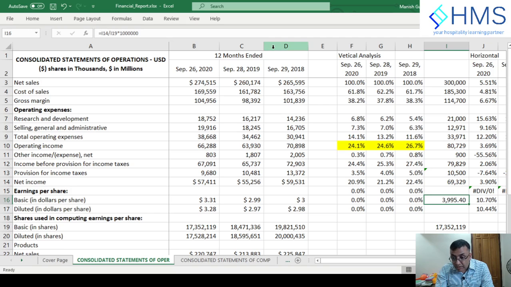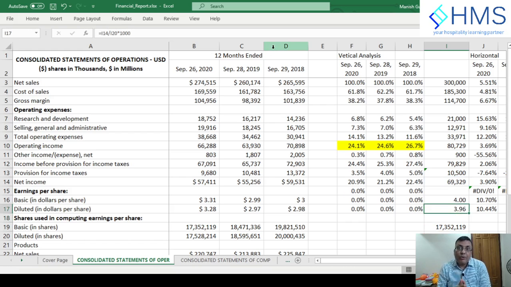Yes, it's in millions, and basic is in terms of shares. Sorry, the dollars are in dollars, shares are in 1,000s, so we're going to divide by only a million, and then calculate this, divide by this, multiply by 1,000. So here you get 3.96.